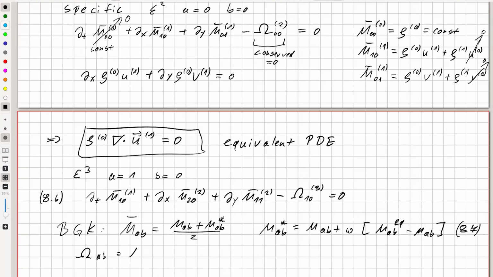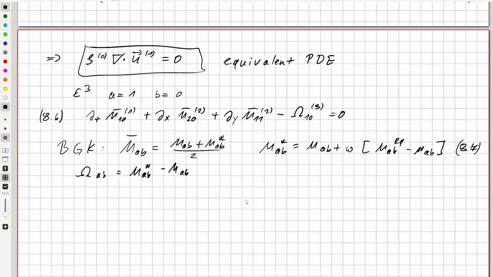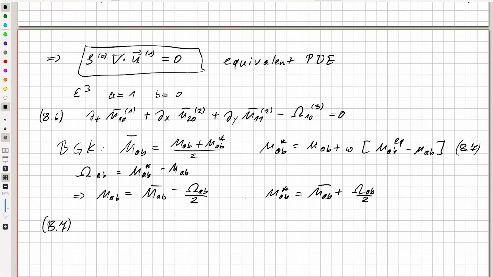Omega AB is of course MAB after collision minus MAB before collision, meaning that we can write MAB as MAB over bar minus omega AB half, and the other one we can write as MAB over bar plus omega AB half. We can put this into equation 8.7.